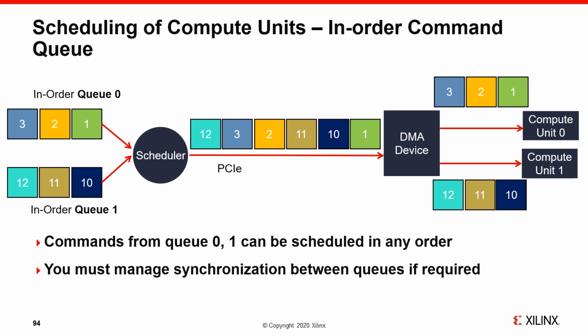This may or may not be best for the design. While commands 10 and 11 are being scheduled, compute unit 0 may be idle for longer than necessary, and similarly when 2 and 3 are being scheduled, the other compute unit 1 may be idle for longer. It's up to you to manage synchronization between the two queues if this is required in your design.